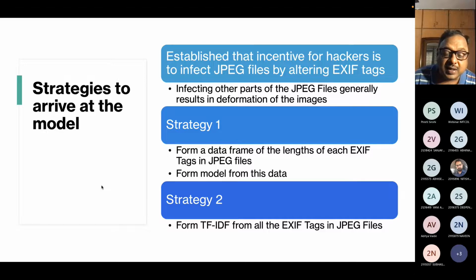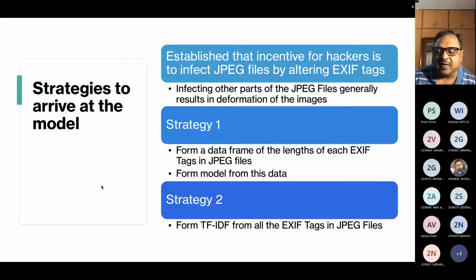Now I tried to figure out whether there was a pattern in that, and I tried to tell the machine, okay, fine, take out the lengths of all the EXIF tags and learn from the lengths as to whether you can differentiate between the clean files and the malware files based on the length of the EXIF tags. Now this model did not perform very well.